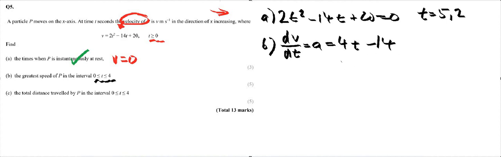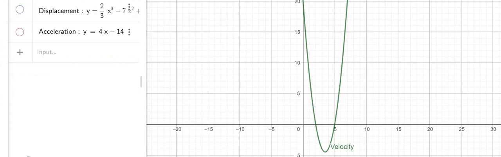If I make 4t minus 14 equal to 0, I find that t is equal to 7 over 2, or 3.5. Now that is telling me the turning point. It's telling me when my velocity stops decreasing, becomes 0, and then starts to increase. So that's showing me that turning point on my curve.